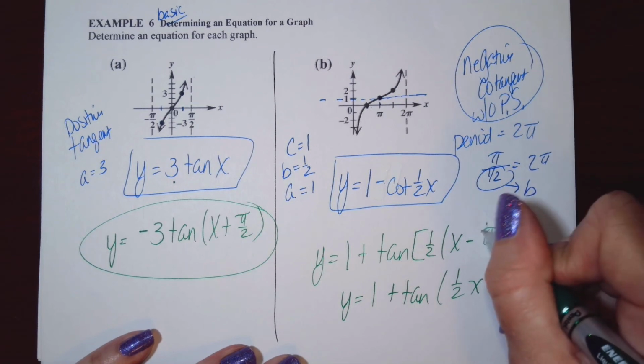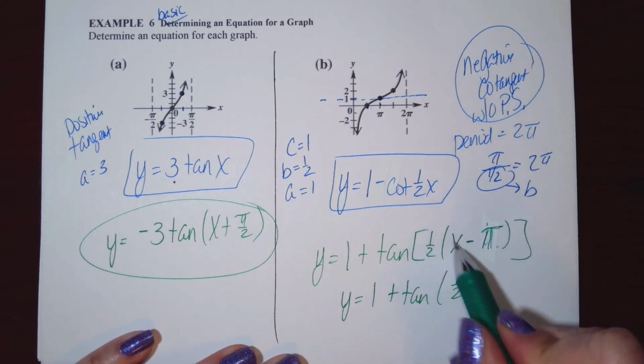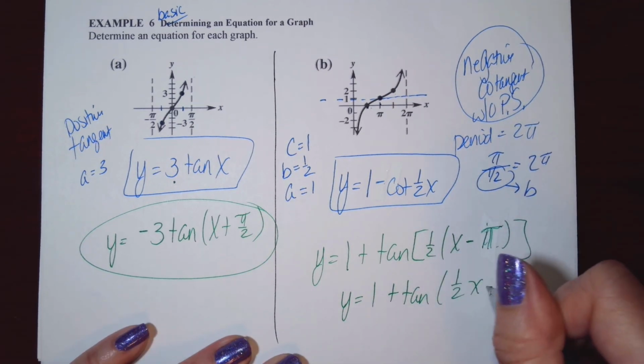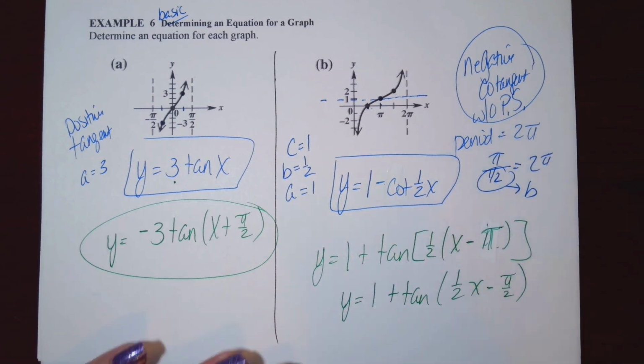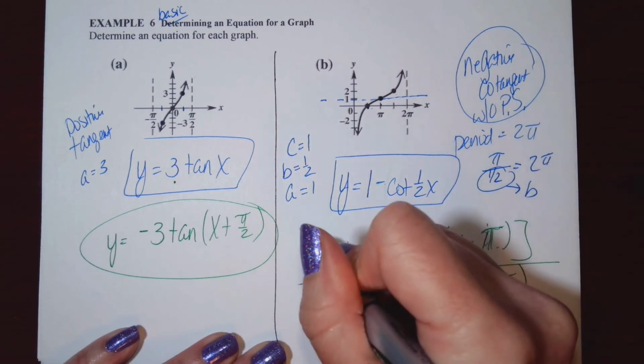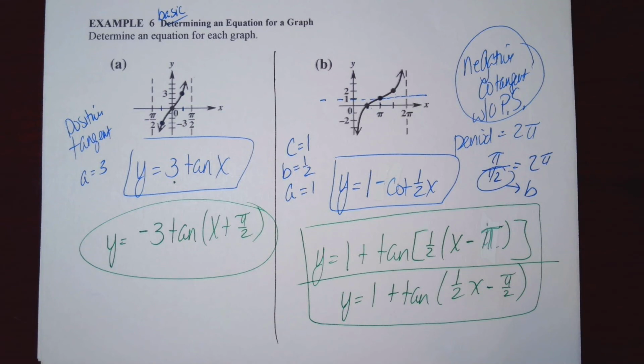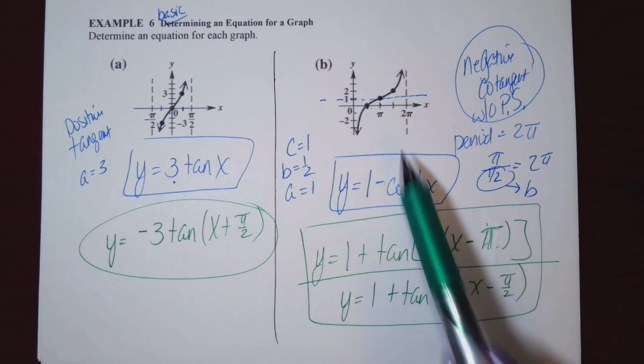So that would be minus pi, and then if I distribute this 1/2 in, it's minus pi/2. There we go. So these are two equivalent ways to write an equation for this graph in terms of tangent.